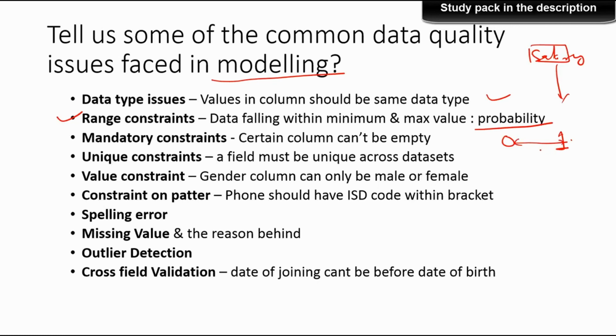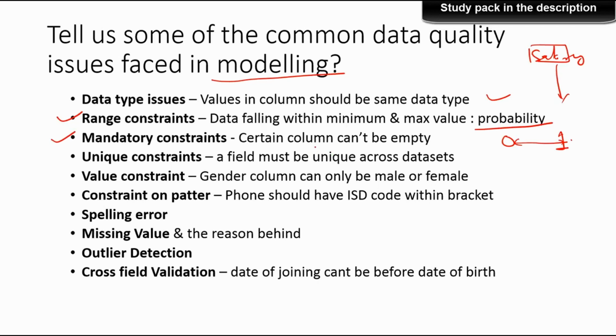So that's a range constraint. That is always there for a number of different variables, and ensure that you check that before you go ahead with modeling.